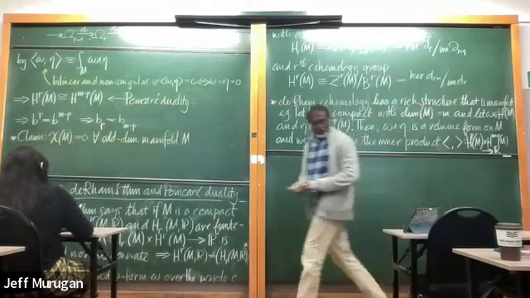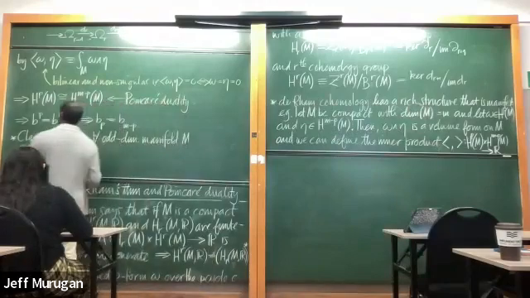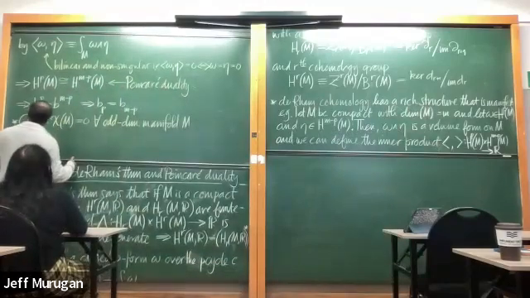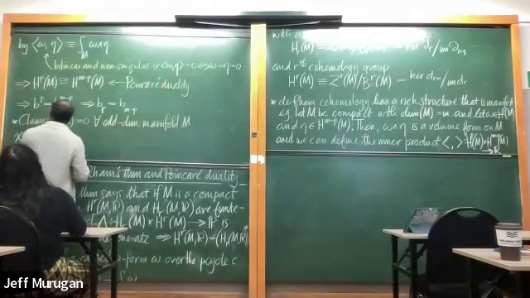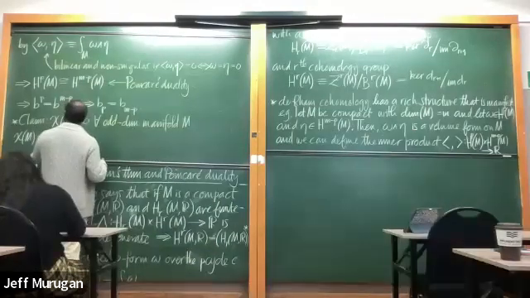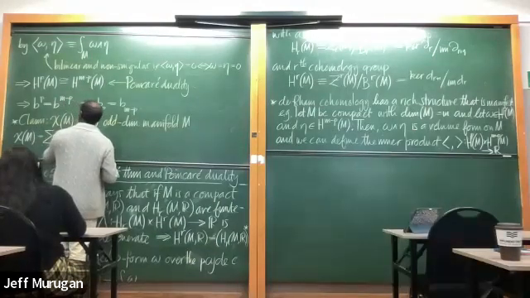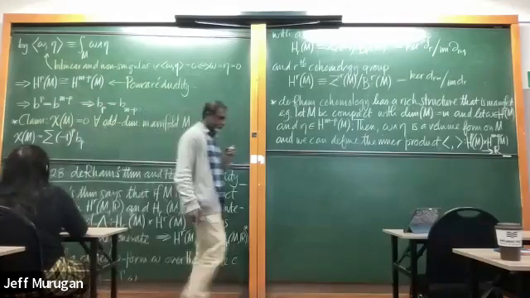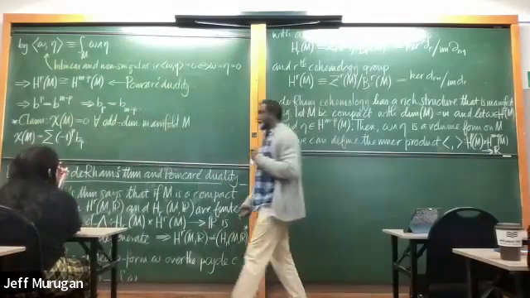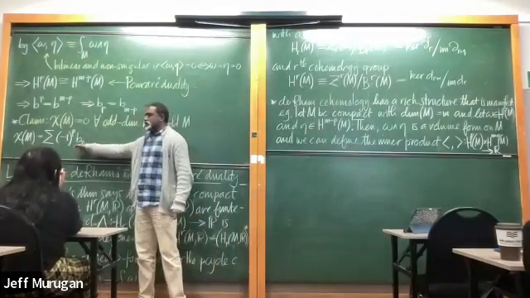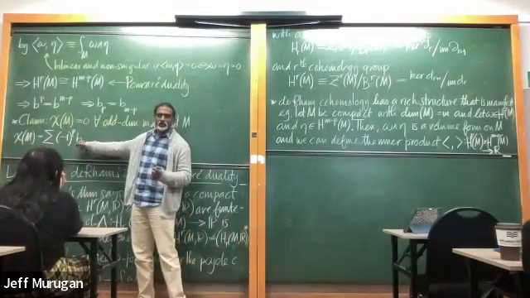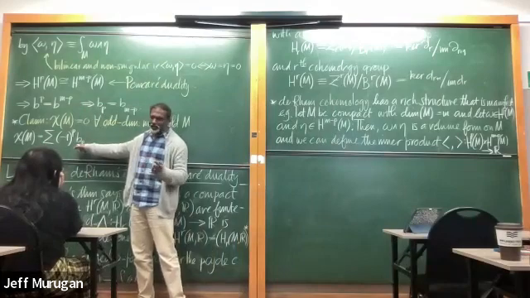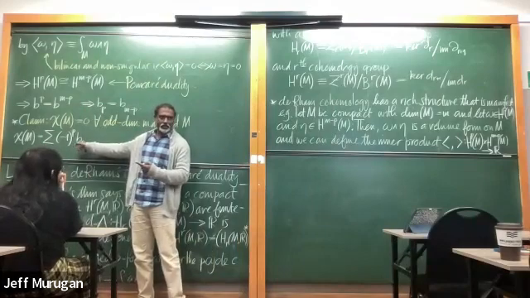So let's prove that. As I said, phi of M is always the sum of (-1)^r b_r. So this is b_0 minus b_1 plus b_2, etc. I don't really care whether I write that sum forwards or backwards.